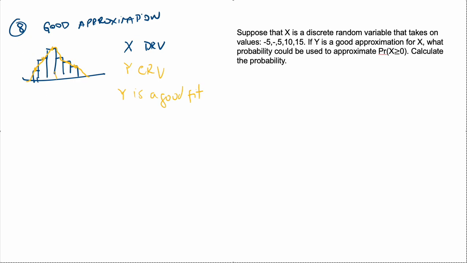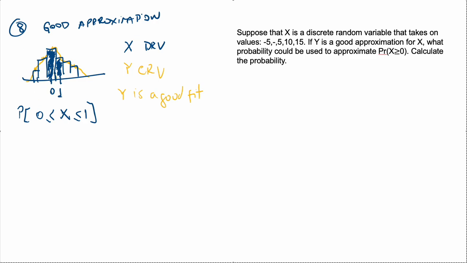Let's say that I want the probability of x being between 0 and 1, right? If I were in the discrete world, what would I do? I would just calculate the area of this bin and the area of this bin. Do you agree?